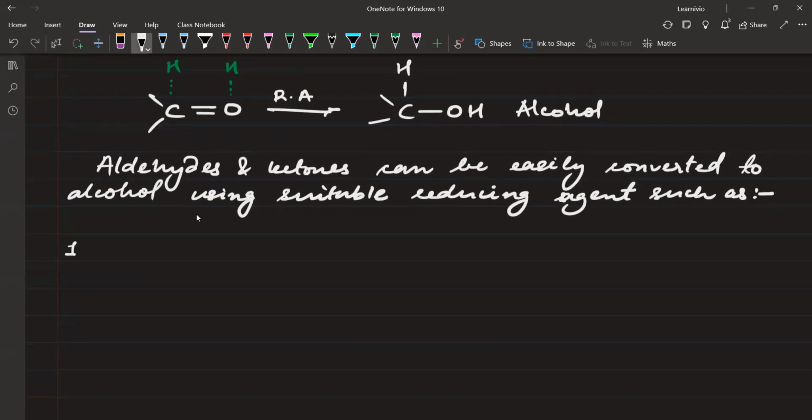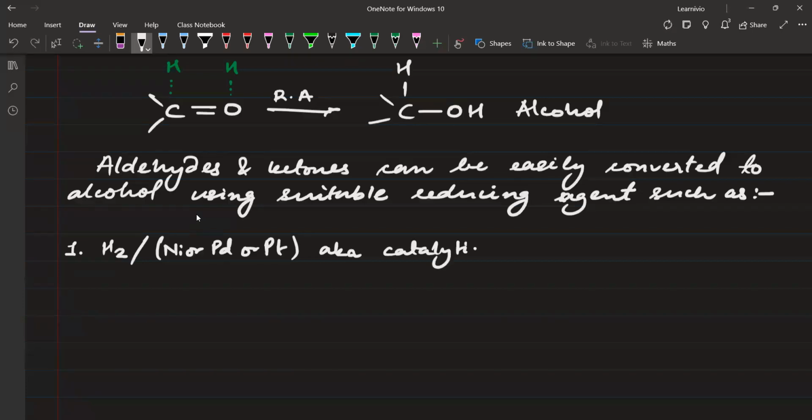The first one is H2 in the presence of nickel or palladium or platinum, nickel is enough. This is also known as catalytic hydrogenation.